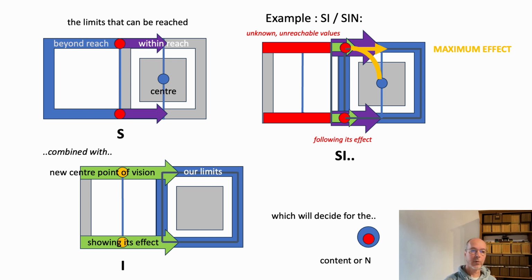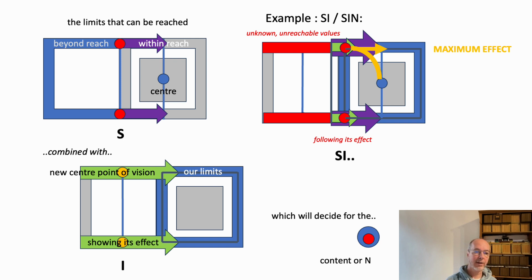And they will use the letters S and E from the last series, which are about effects and limits that have an effect on us. The S in that way starts from the outer limits and deviations from somewhere else, so all the things that are beyond our reach that are now coming within our reach and have an effect on our center.